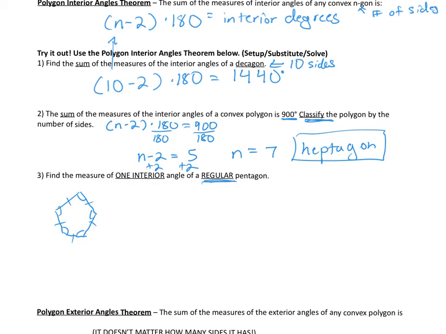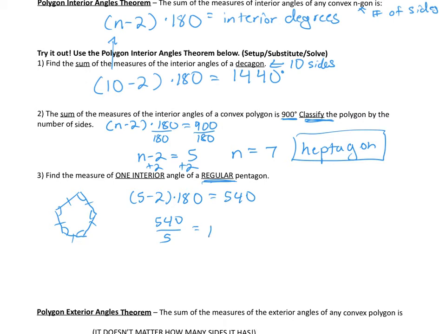Well, let's put in our formula of one interior angle. So we have 5 minus 2, because a pentagon has 5 sides, times 180. That gives me 540 degrees, the sum of all the angles. I'm going to take my 540 and divide that by 5 because there are 5 different angles, which is 108.